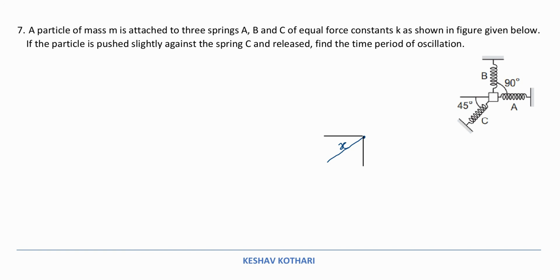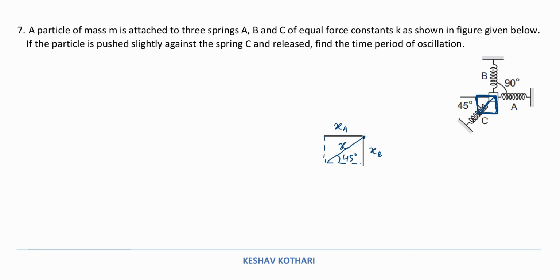I'm completing this particular box. So this is the elongation produced in A, XA, and this is the elongation produced in B, XB, and this angle is 45 degrees, which is mentioned in this particular problem. So when the spring is displaced by x in this direction, it is going to produce the elongation in B in this direction and elongation in A in this direction.